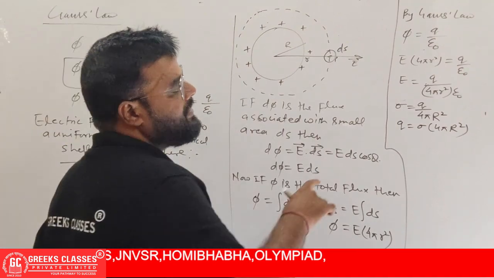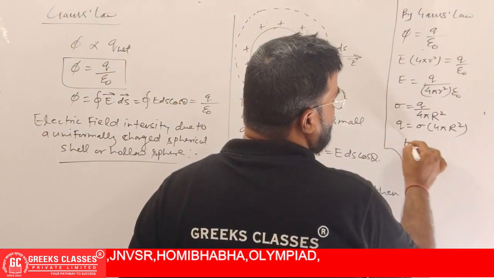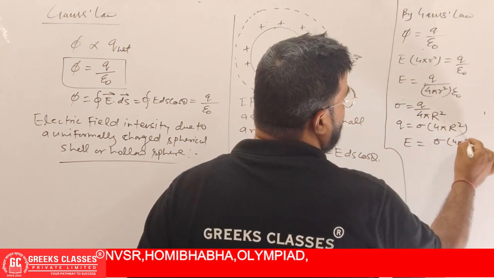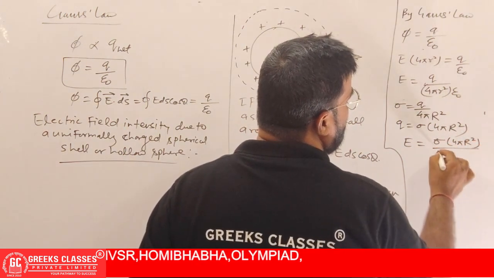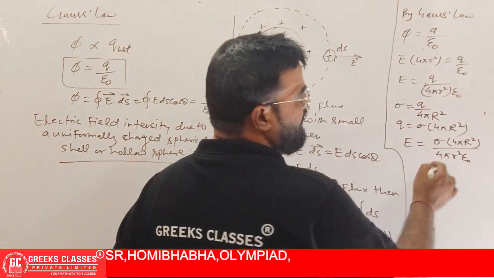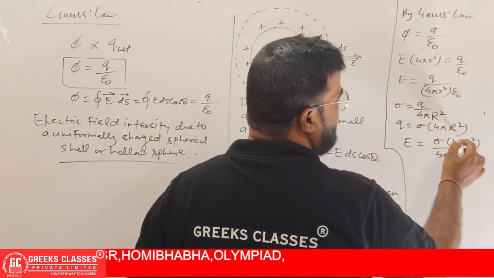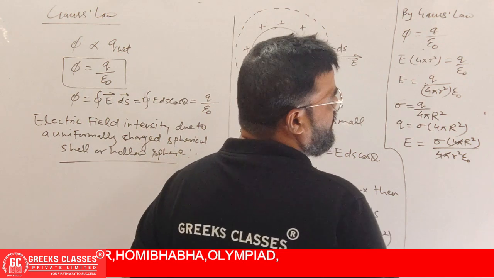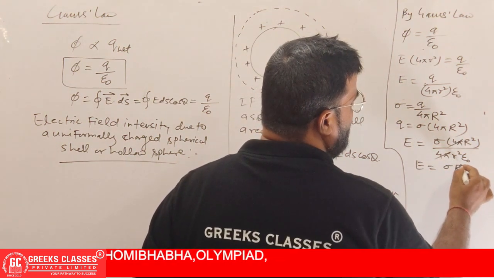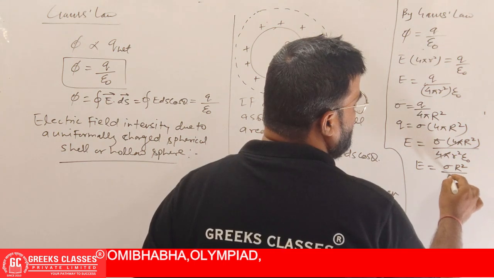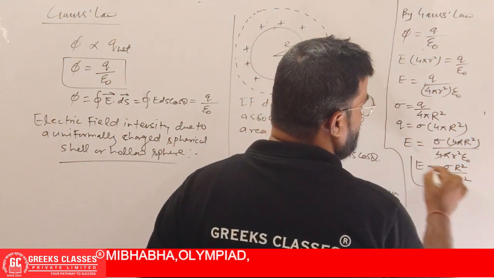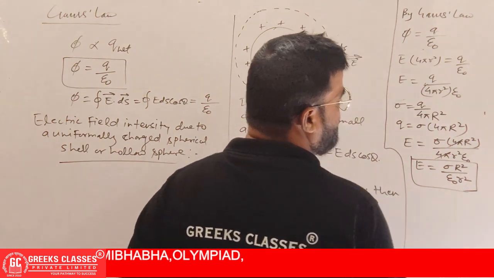Now put this in place of Q. What you will get? E equal to sigma 4 pi capital R square upon 4 pi small r square epsilon naught. Cancel out this 4 pi and 4 pi. So E equal to sigma R square upon epsilon naught small r square. This is the electric field intensity.